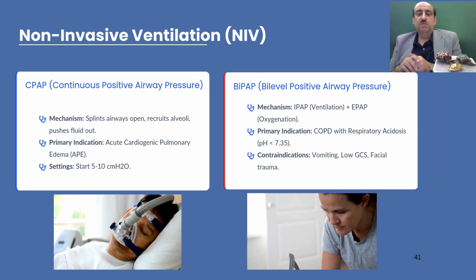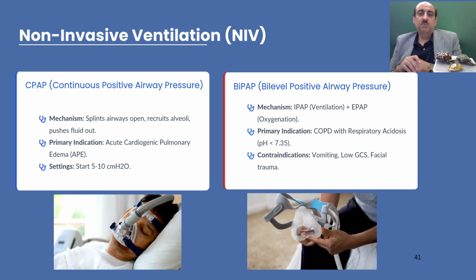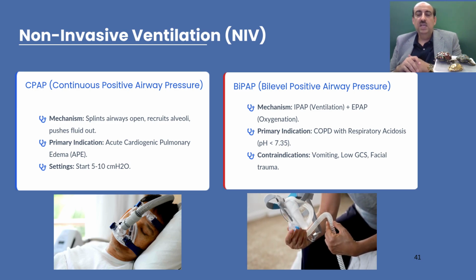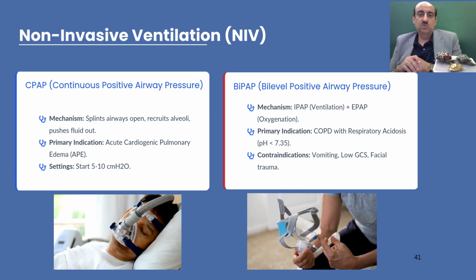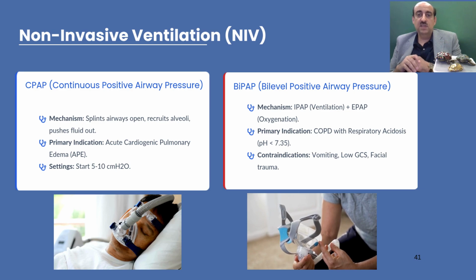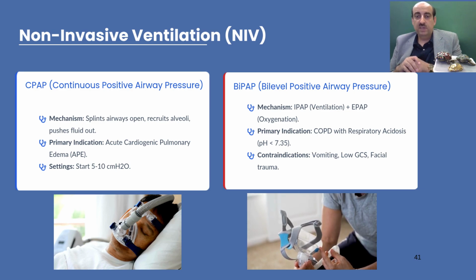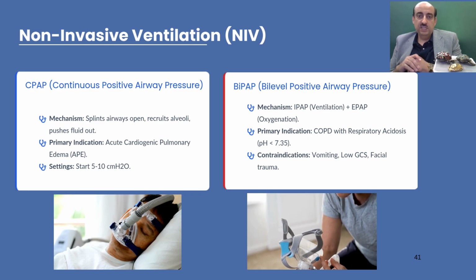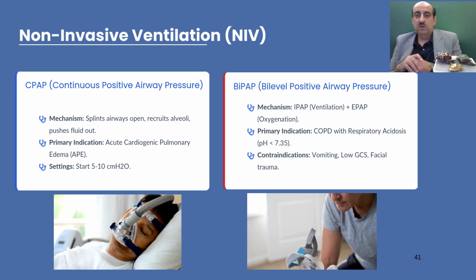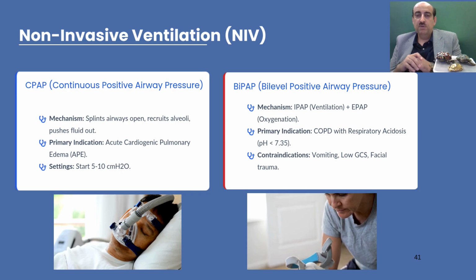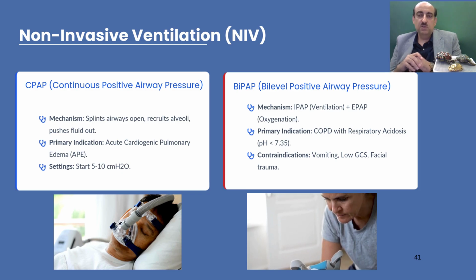Now, the primary indication for non-invasive ventilation obviously would be type 2 respiratory failure due to COPD, especially if it's decompensated and leads to respiratory acidosis with a pH of less than 7.35. In terms of contraindications, because it's a tight fitting mask, anyone with low GCS or vomiting or facial trauma will be quite difficult, and sometimes the patients can be quite claustrophobic.